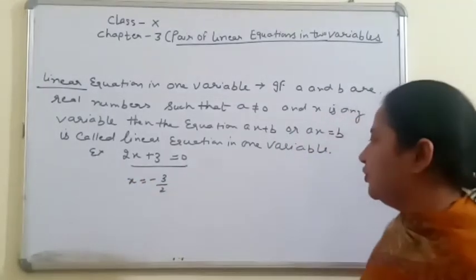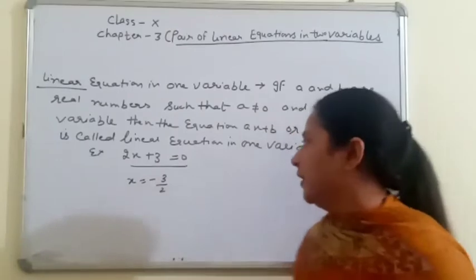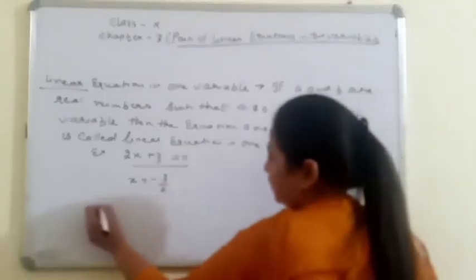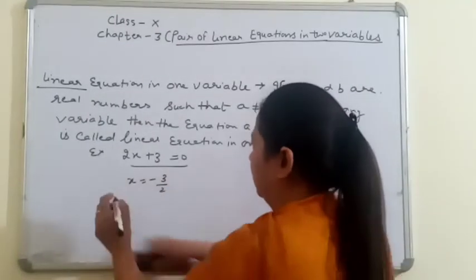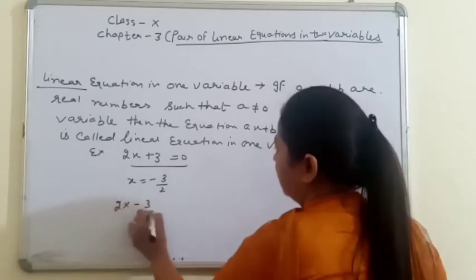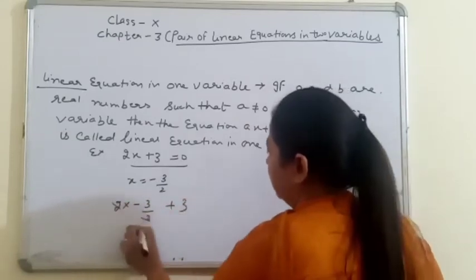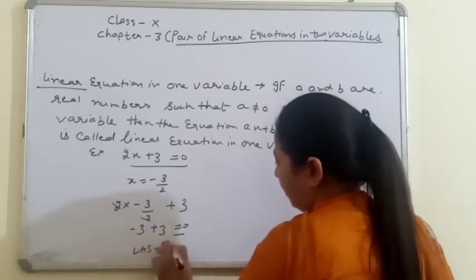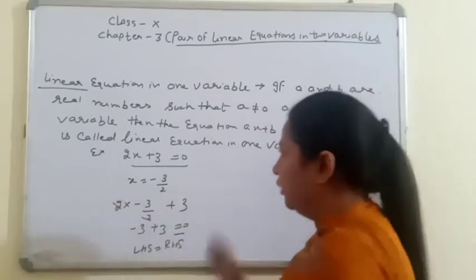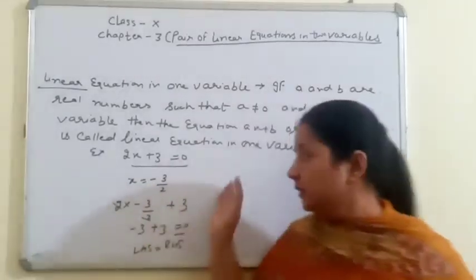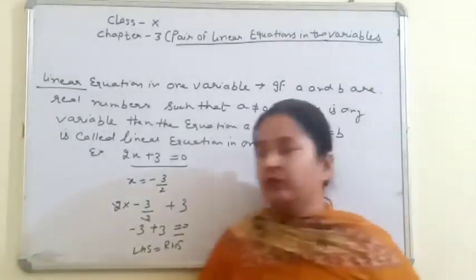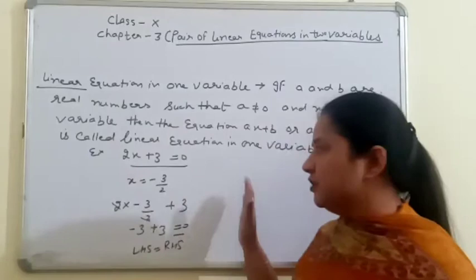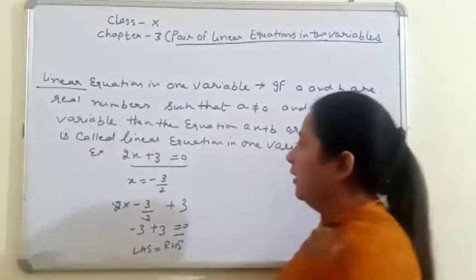If we substitute the value of x equal to minus 3 by 2, it will satisfy the equation. You can see here 2 into minus 3 by 2, plus 3 equal to 0, left hand side equal to right hand side. So any value which satisfies the given equation is called the solution of the equation. In a linear equation in one variable we have only one solution.